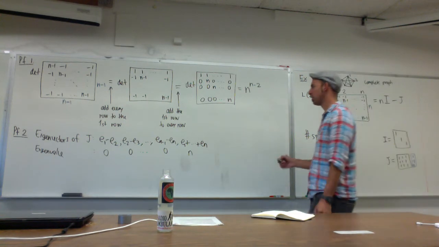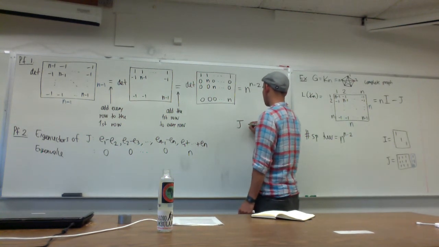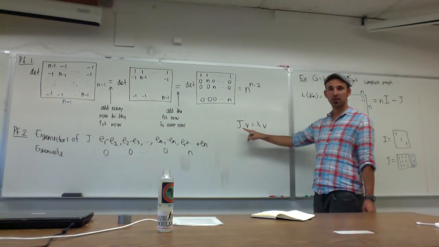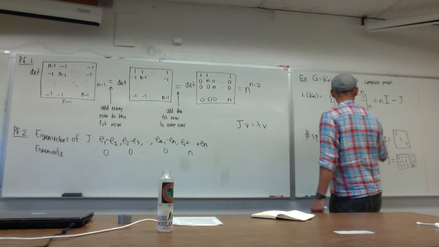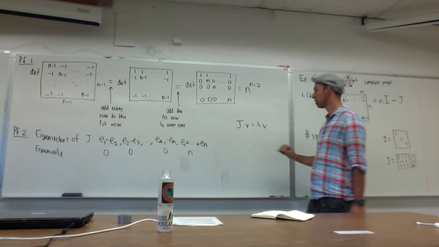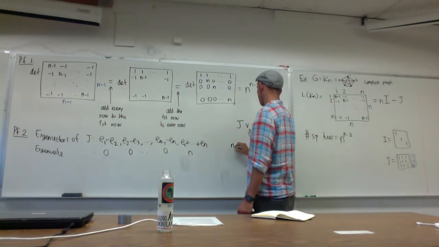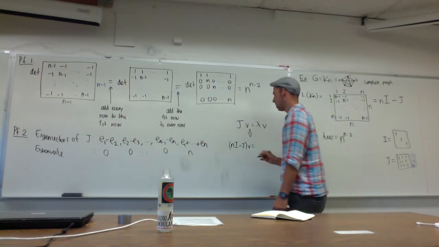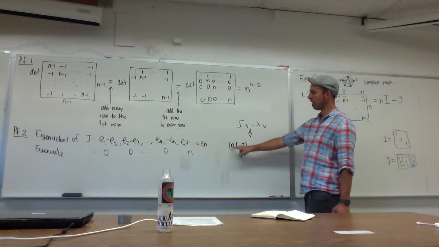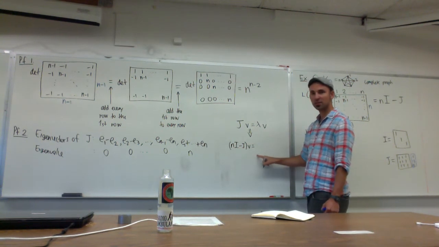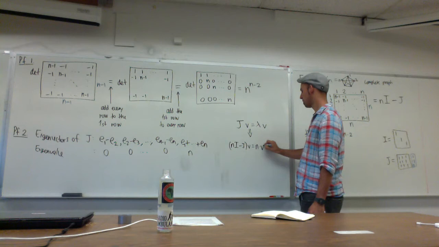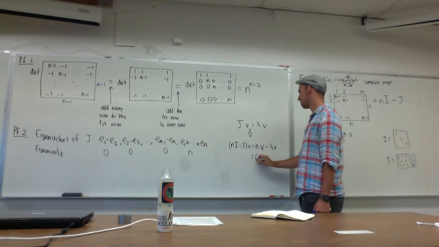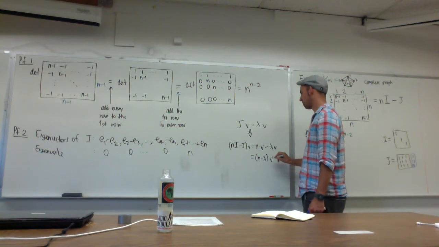But you see now, if you have that J times a vector v is lambda v, if v is an eigenvector for J, then I claim that it's also an eigenvector for the matrix nI minus J. How much is that? Well, nI times v is just n times v, minus J times v is lambda v, and so this is (n minus lambda) times v.